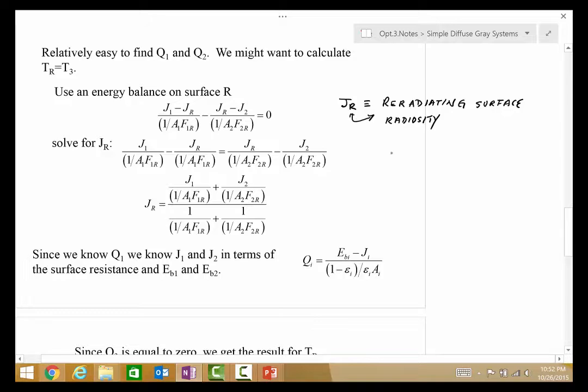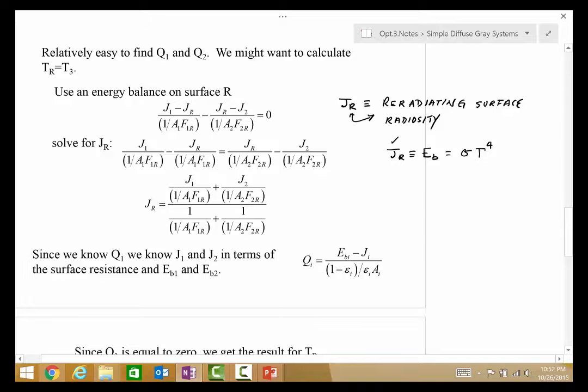Remember we said that J re-radiating is EB for the re-radiating surface also. So once we know the re-radiating surface radiosity, we know its temperature, because this is just sigma T to the fourth.